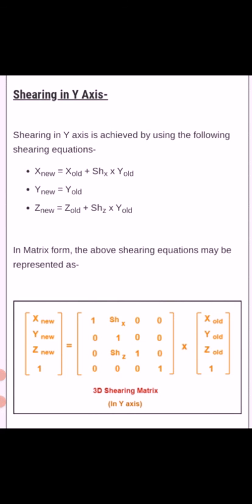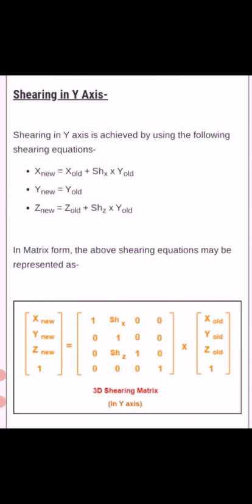That is, the x old coordinate is added with the multiplied value of y old and the shearing parameter of x.